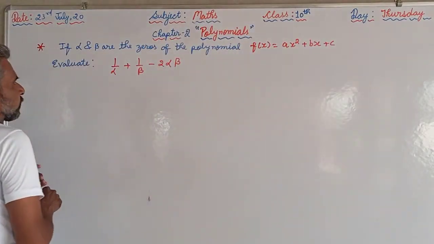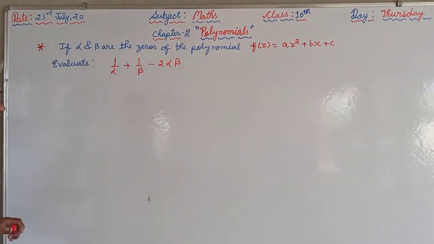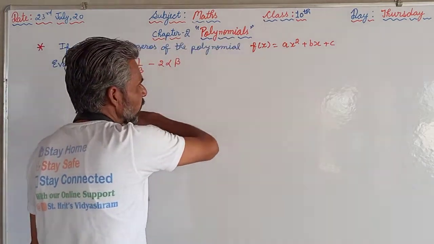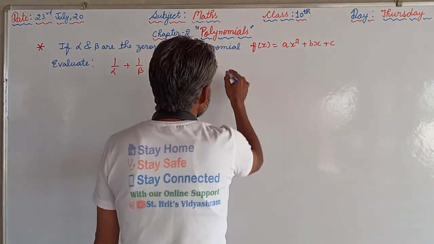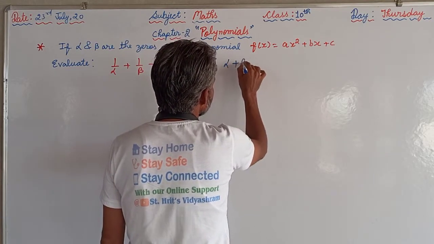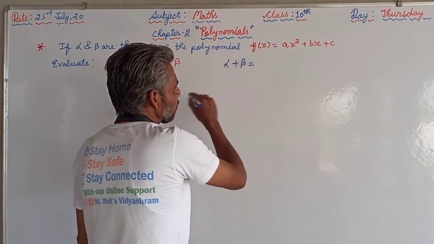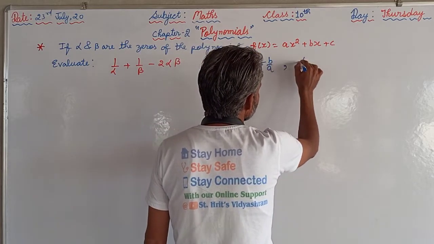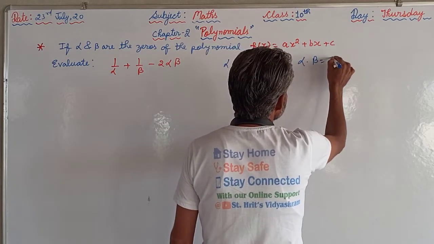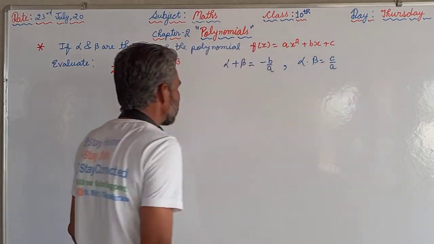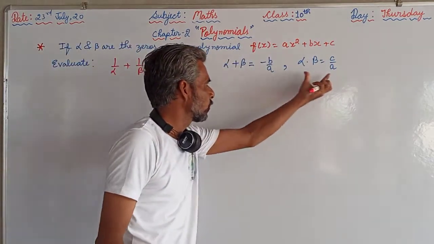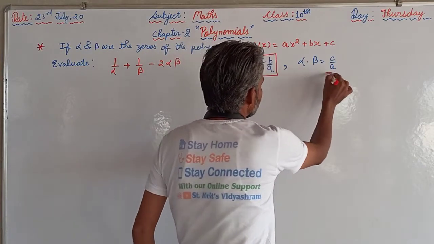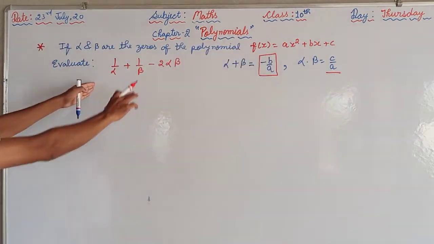How to find that? First of all, using that quadratic polynomial, you can find out that as alpha and beta are the roots, alpha plus beta, the sum of the roots, will be minus b upon a. At the same time, the product of the roots will be c upon a. Now we have to use only these two pieces of information to evaluate that.